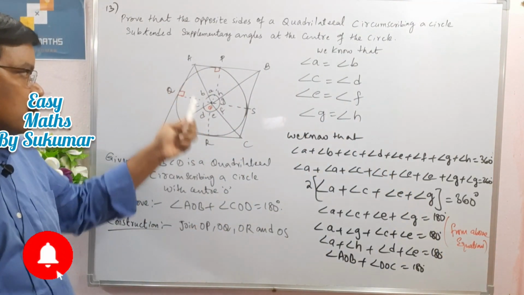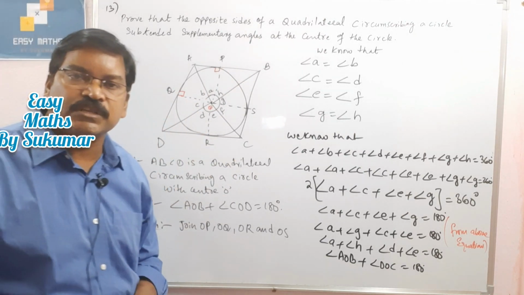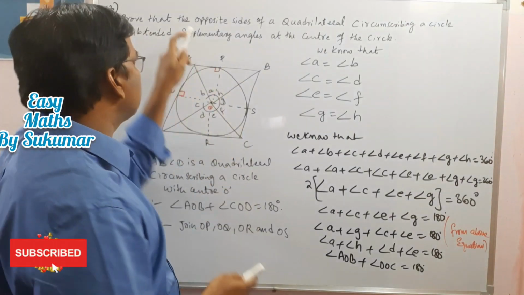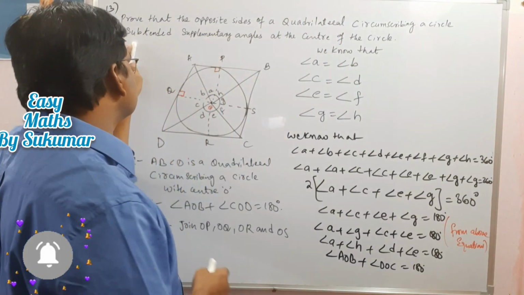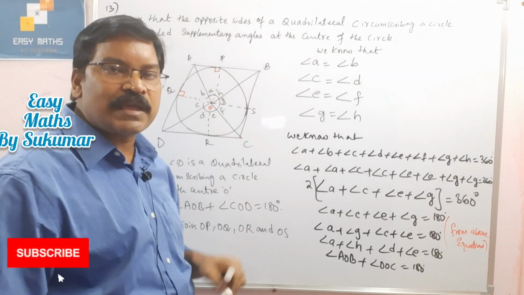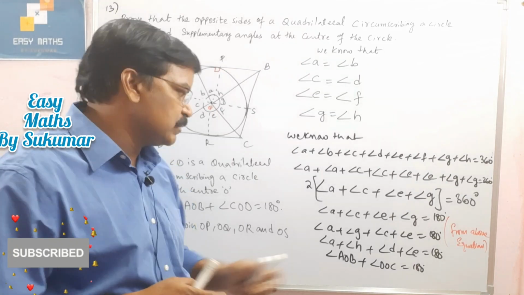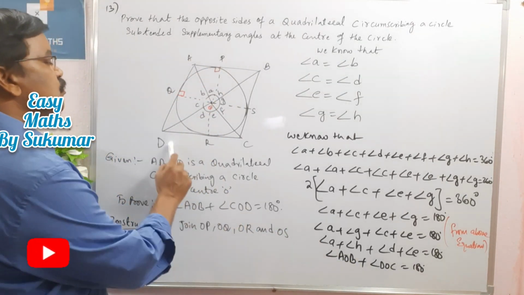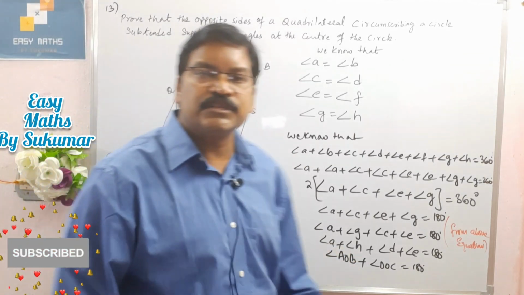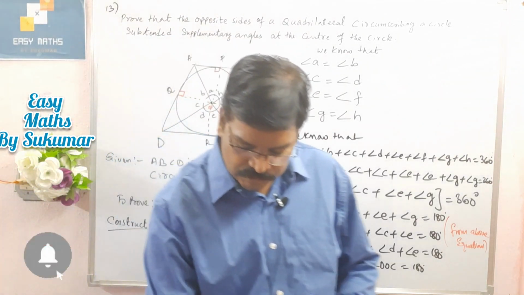Therefore angle AOB plus angle COD is equal to 180 degrees. That means the opposite sides of a quadrilateral circumscribing a circle subtend supplementary angles at the center of the circle. That means angle AOB plus angle COD or DOC is equal to 180 degrees.